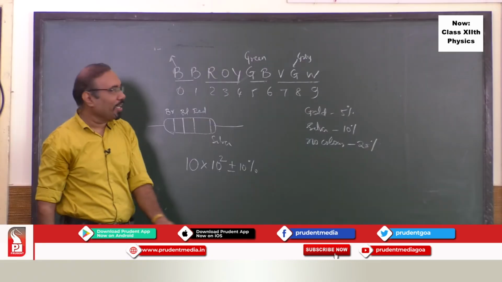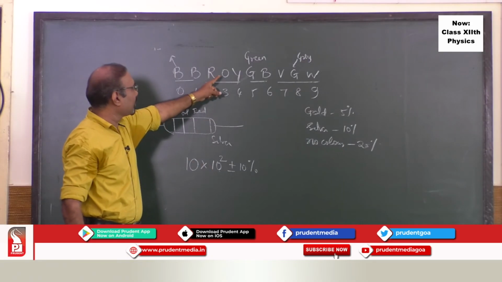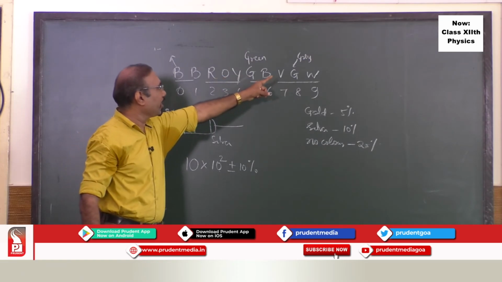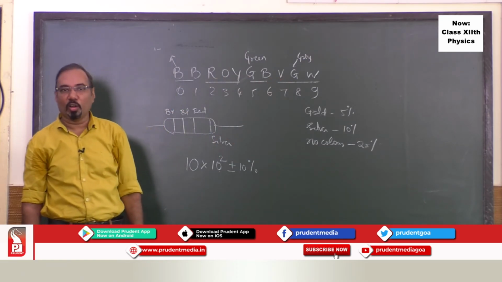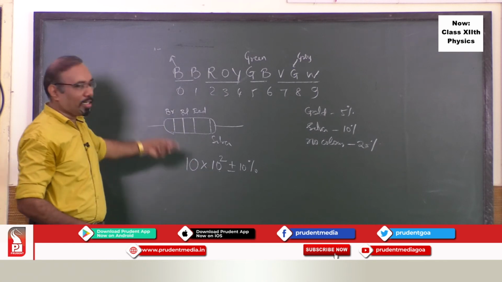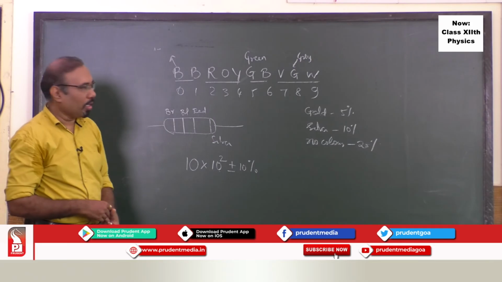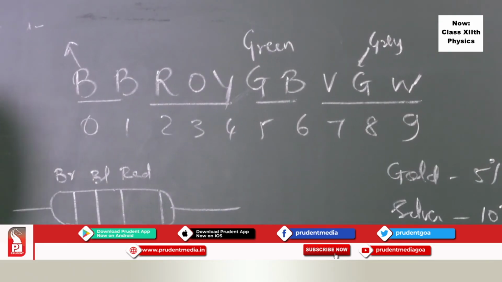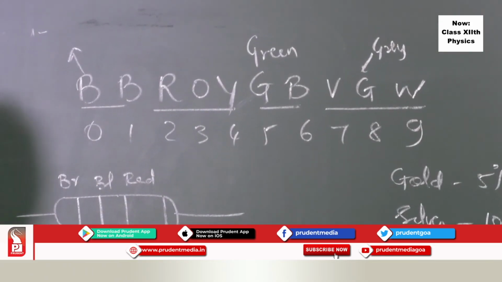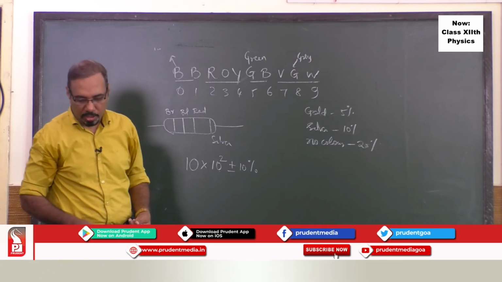You can use another phrase: better buy resistances, otherwise your agreed bias voltage go wrong. But the first is the most convenient way of remembering the resistance color code. Remember the tolerance as well, and then you can solve many examples based on this.